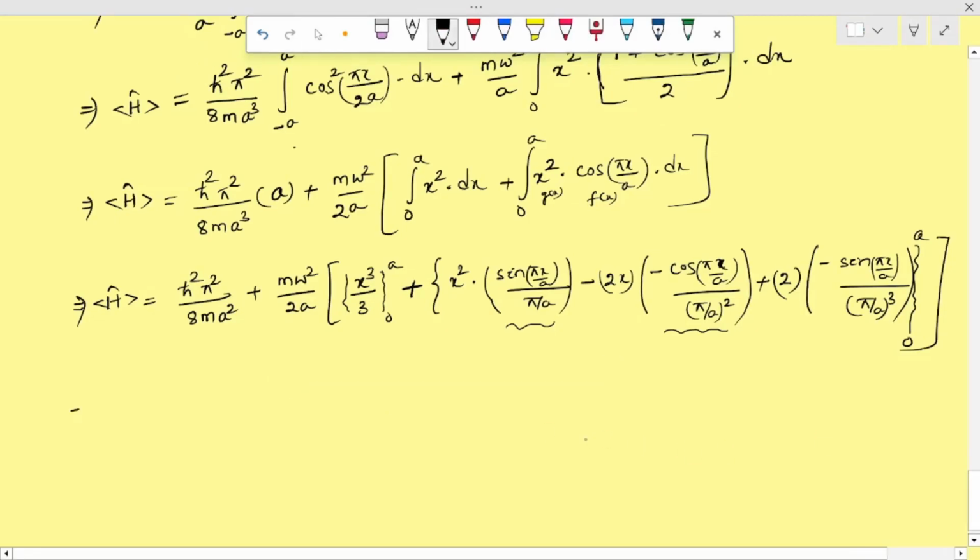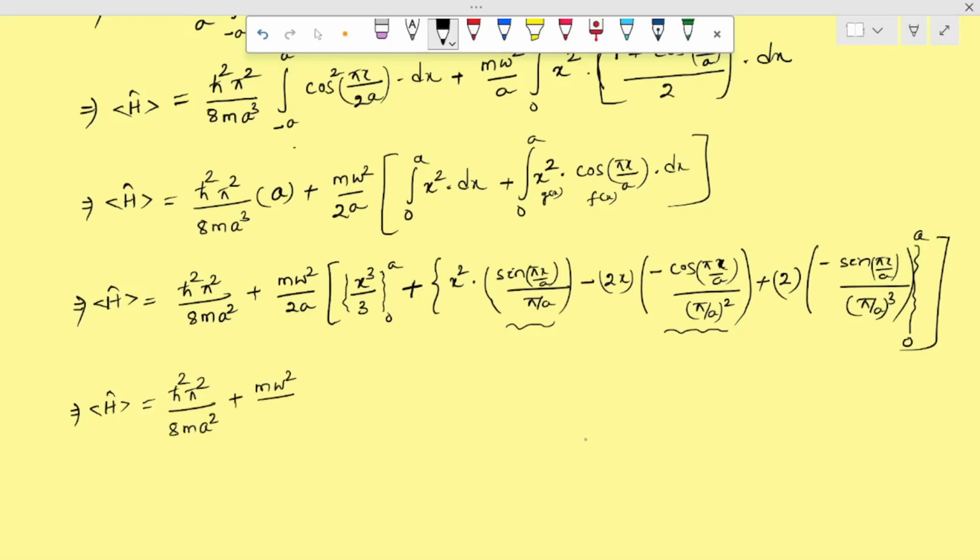So that implies the expectation value of the Hamiltonian will be ħ² π² by 8ma² plus mω² by 2a, times the value a³ by 3 plus... here you just put the values over here and here.